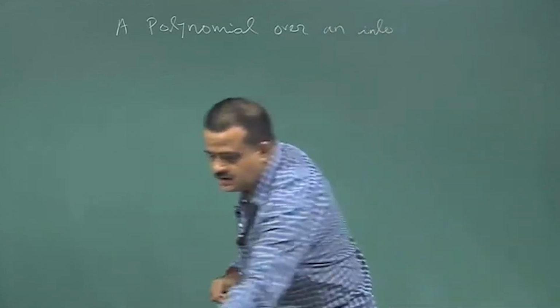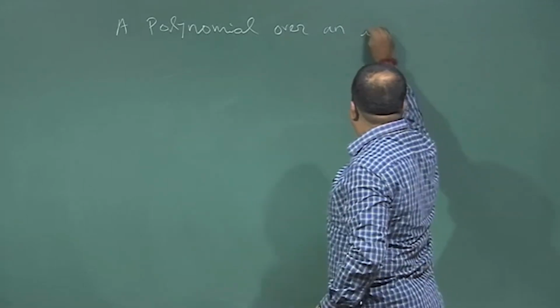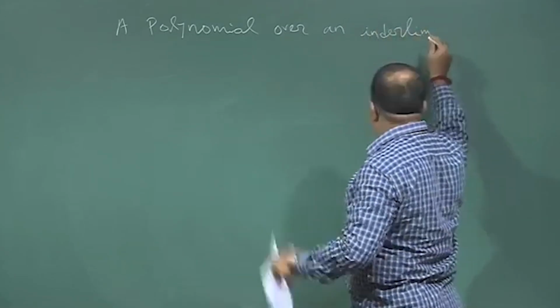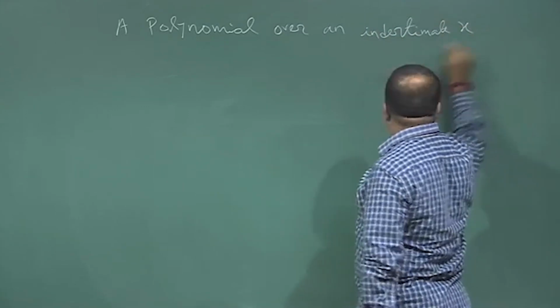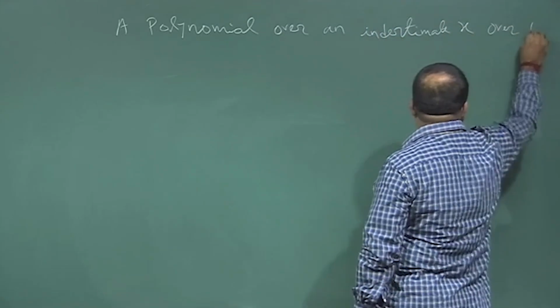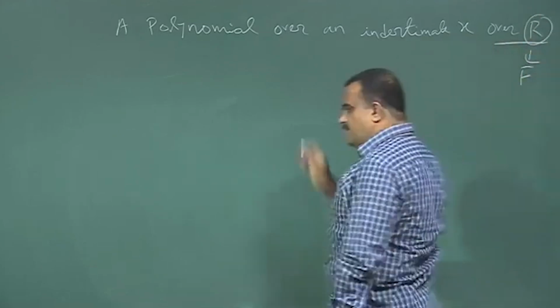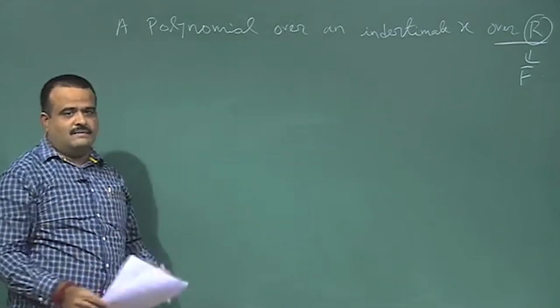So it is in terms of x, and it is usually defined over a ring, but sometimes it is a field to have some properties of what is called a Galois field. We will formally define the Galois field.